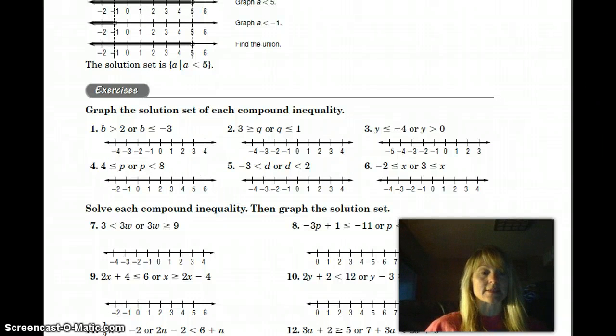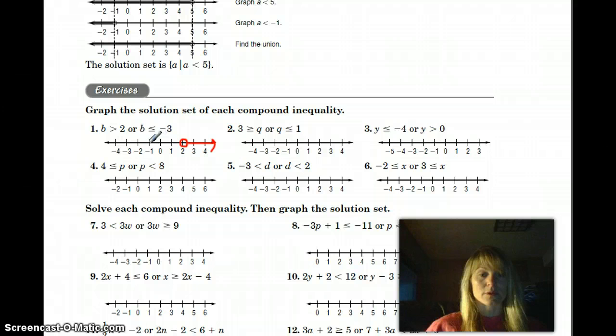This one says b is greater than 2. So we just graph that by itself. So it's greater than, there's no equals to, so we do the open circle, and then greater than would be this way. Then we look at this separately, or b can be less than or equal to -3.